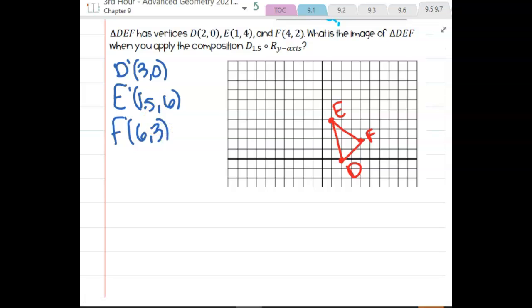And let's go ahead and draw D prime, E prime, F prime. So we have D prime at 3, 0. E prime at 1.5, 6. And F prime at 6, 3.